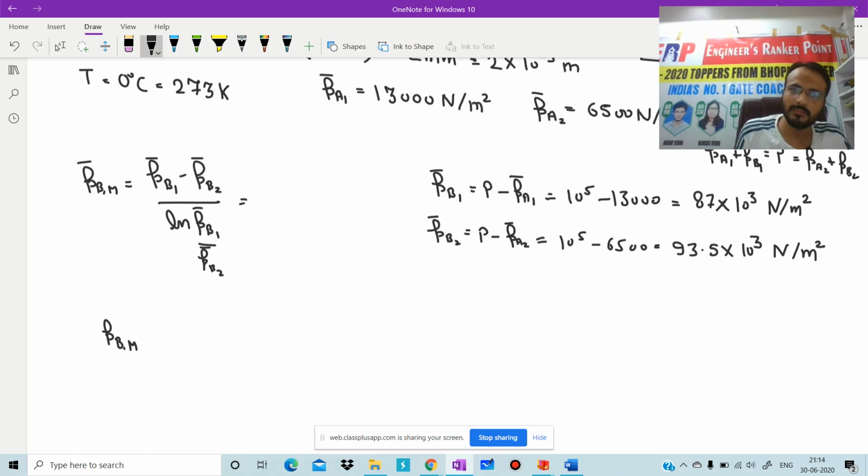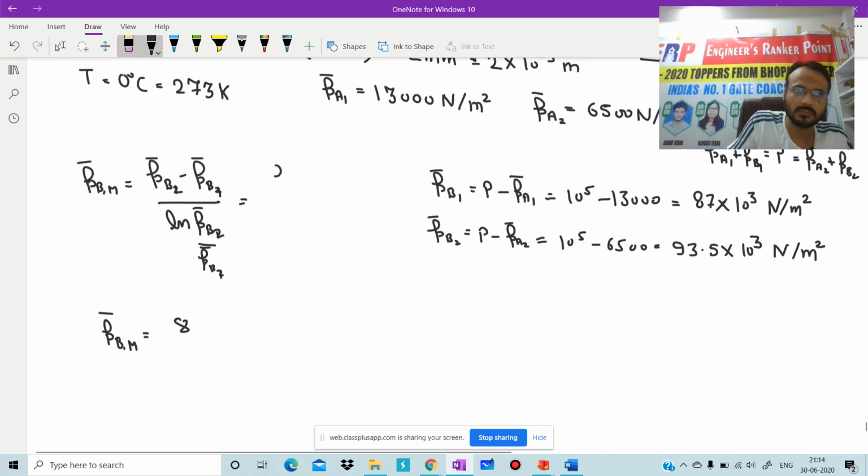The value of PBM bar is equal to, we need to apply PB2 minus PB1 bar, PB2 this one. No problem. I hope there should be no doubt.